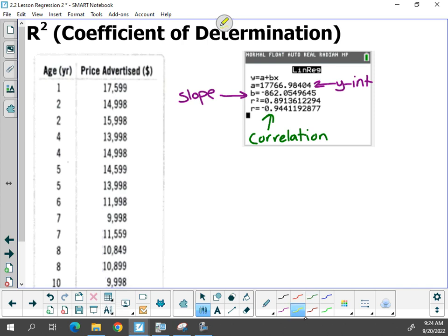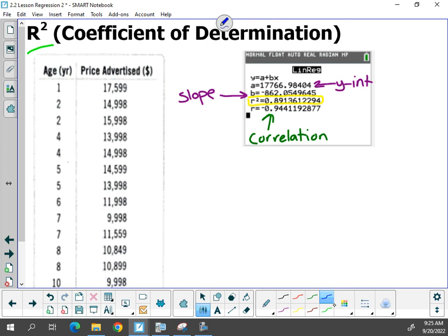So the new value we want to talk about is r squared. When we refer to r squared outside of the calculator, you can see here I've titled this with a capital R. That's because r squared should be a capital R. It's quite literally the correlation coefficient squared, but we use uppercase R. That's just a notation thing. I don't know why there's no uppercase R in the calculator, just an output thing.